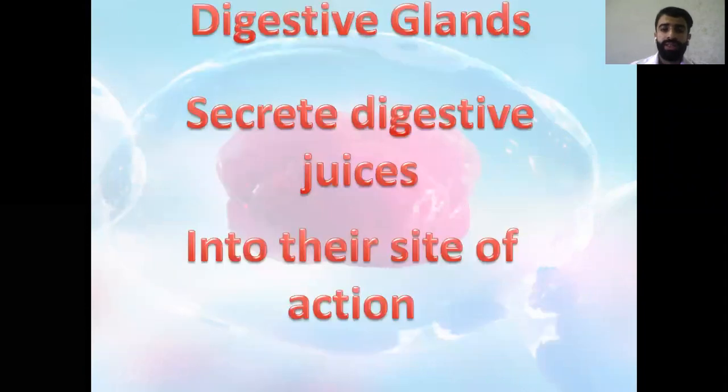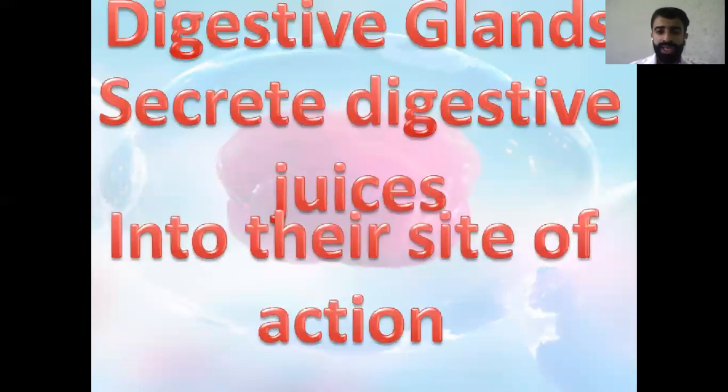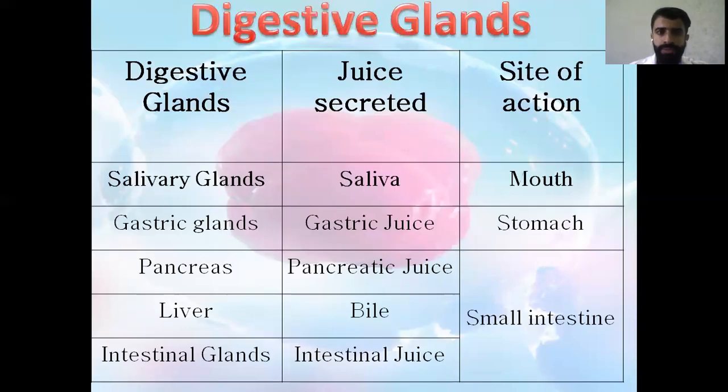You have to know what digestive glands do inside the body. They secrete digestive juices into the site of action. Salivary glands secrete the juice saliva inside the mouth. Gastric glands secrete gastric juice inside the stomach. Pancreas secretes pancreatic juice in the small intestine.